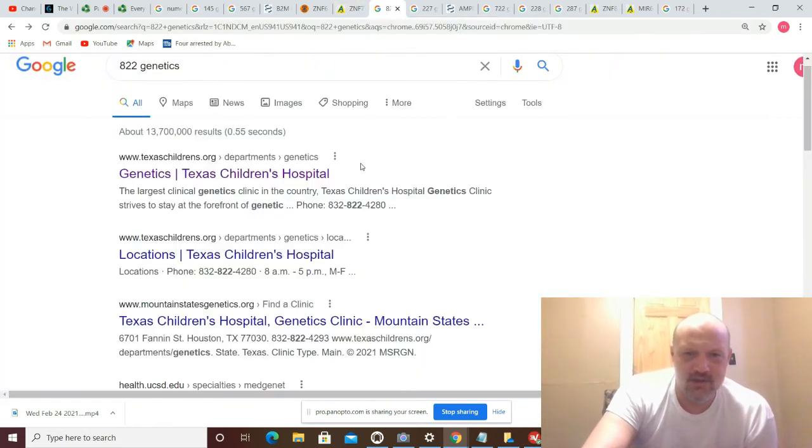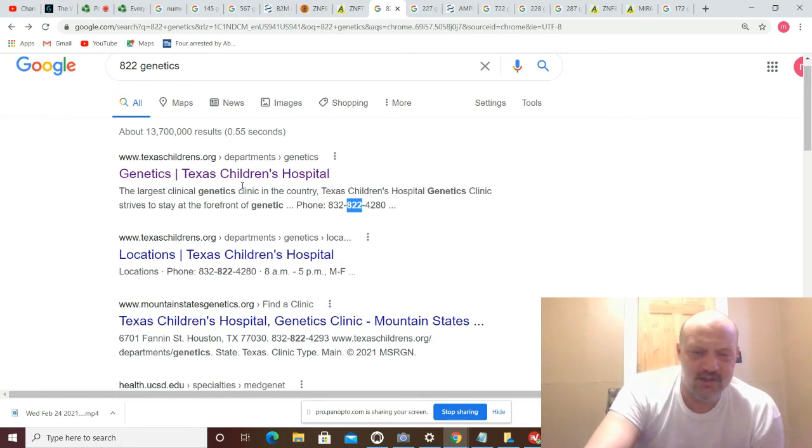And 822 is part of a phone number. Genetics, Texas Children's Hospital, the largest clinical genetics clinic in the country.